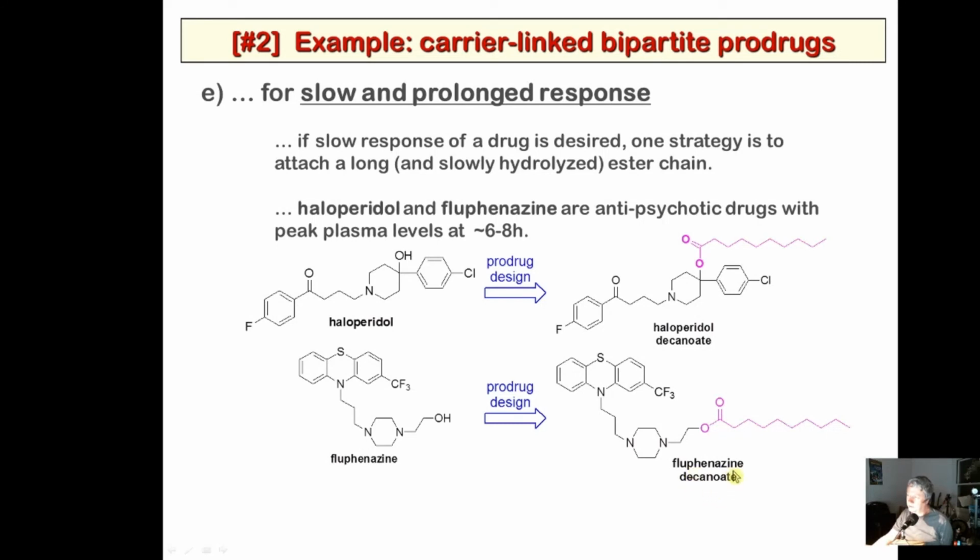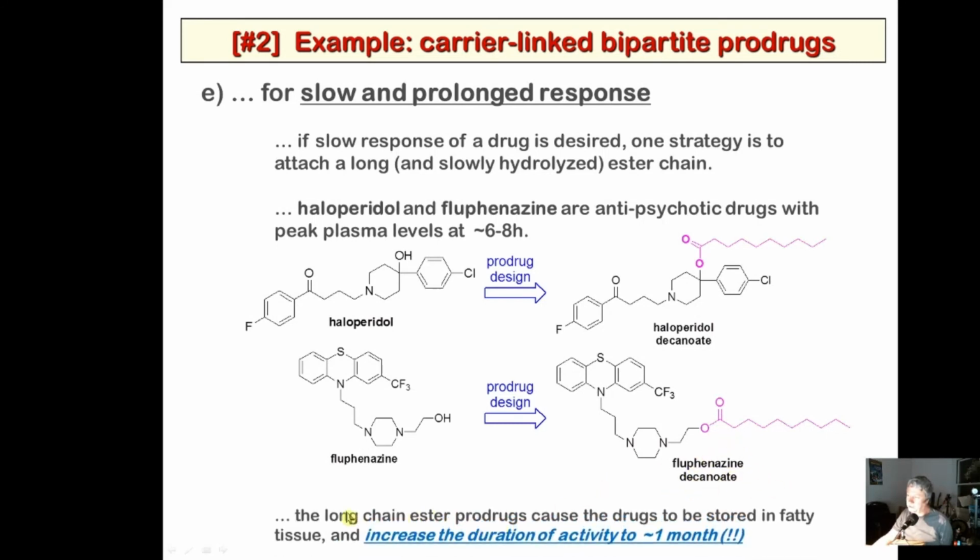So this is fluphenazine decanoate. These long chain ester prodrugs cause the drugs to be stored in fatty tissue and increase the duration of activity to a month. In the case of a psychiatric drug, it's nice to have an extended period of activity.